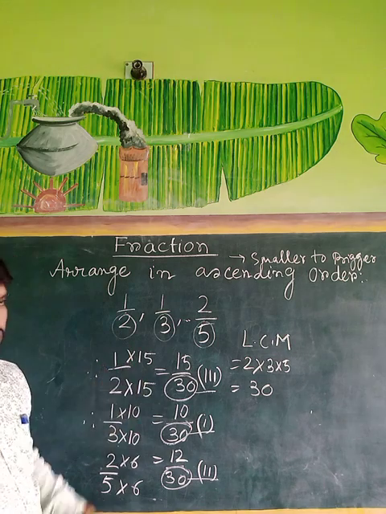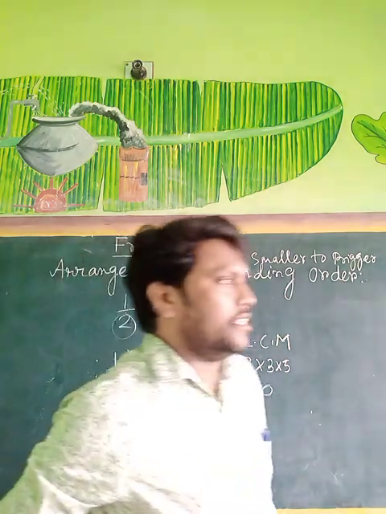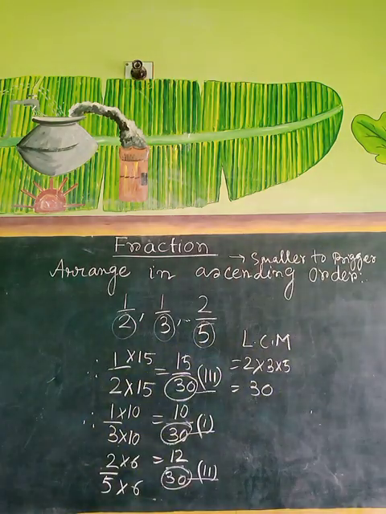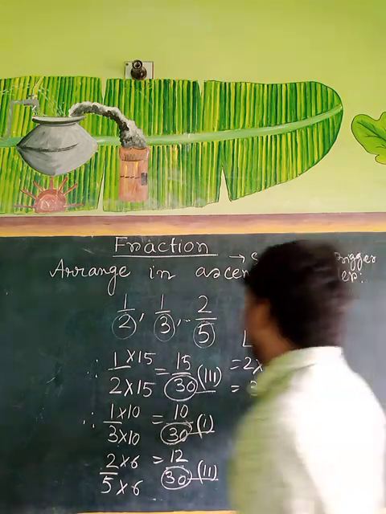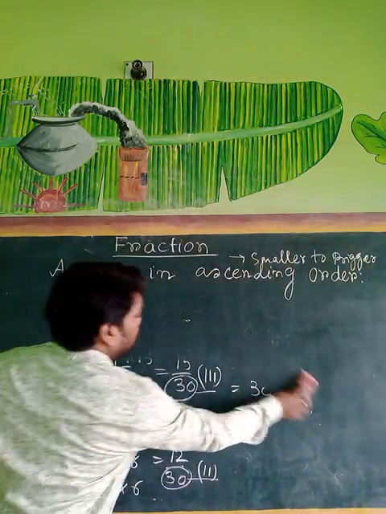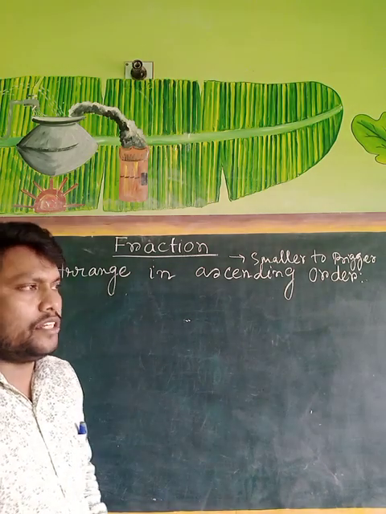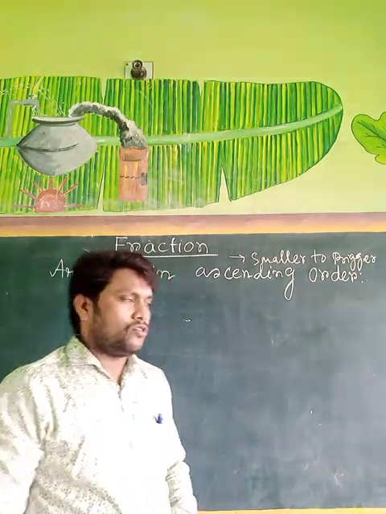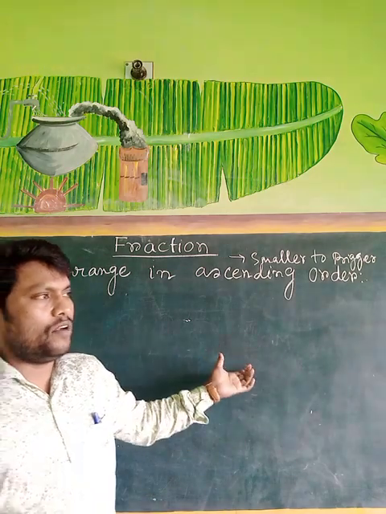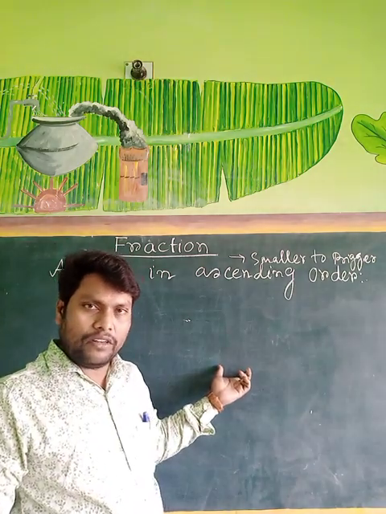So in this way you will arrange according to their value. Okay. Now this is the process to convert unlike denominators into like denominators at first. For this you have to calculate the LCM of the denominators.